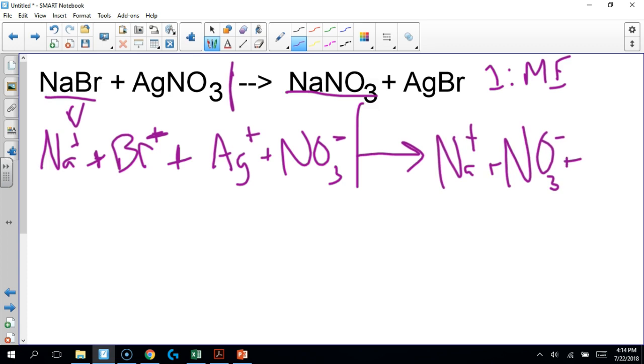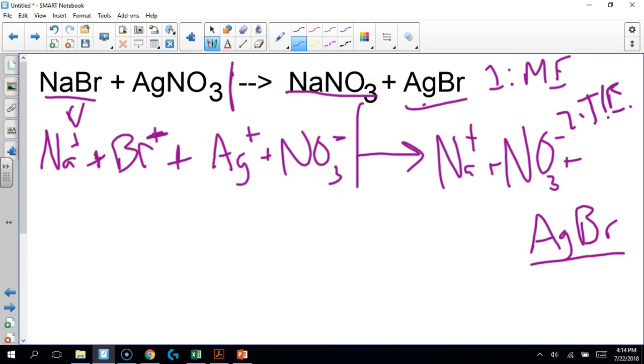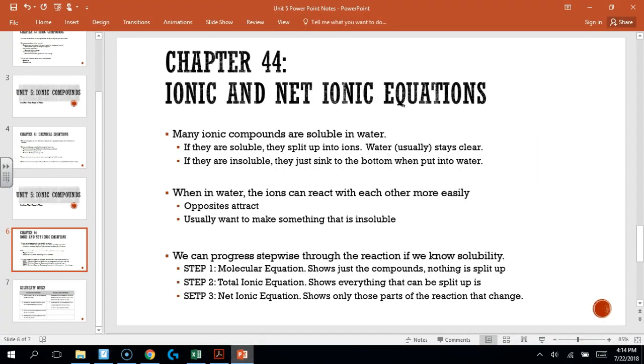And I always run out of room whenever I write these, but notice this guy does not. That's the thing that comes together, and this stays together. So now we have what we call our TIE, our total ionic equation. That's step 2 on our list of things that we do.